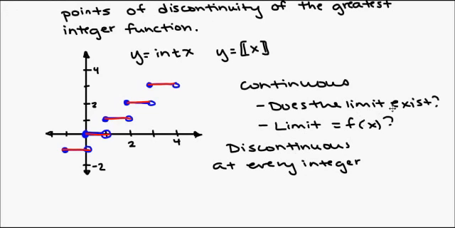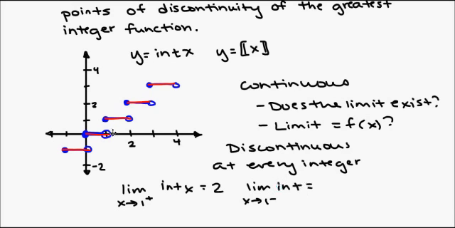And if we were to use this definition here, you could take the right and left-hand limit of each integer. So if we were to do 1, the limit as we approach 1 from the right of int x, we get 2. And then the limit as we approach from the left of int x, we get, gosh, why did I write 2? This is a 1. We get 0 here.